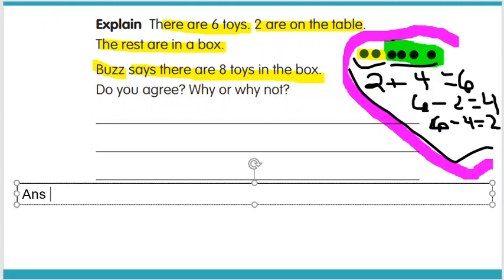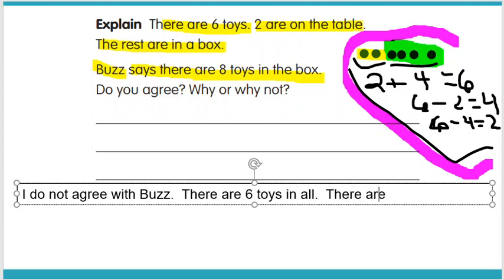So let's go ahead and type our answer here. So let's go ahead and say, I do not agree with Buzz. There are 6 toys in all, and there are 2 on the table. And we also said there's 2 on the table, which we noted right here, and we said there are 4 right there that is colored in that are in the box.